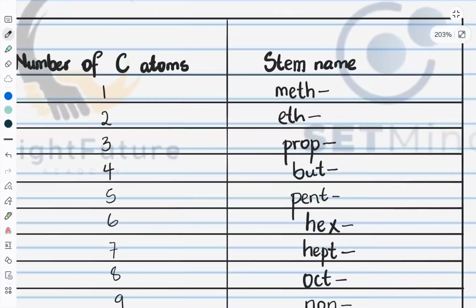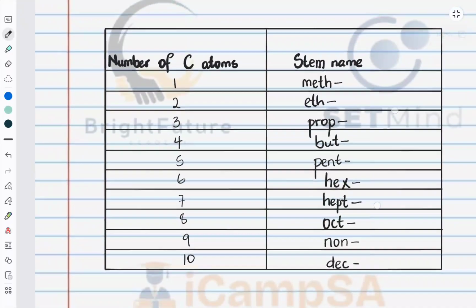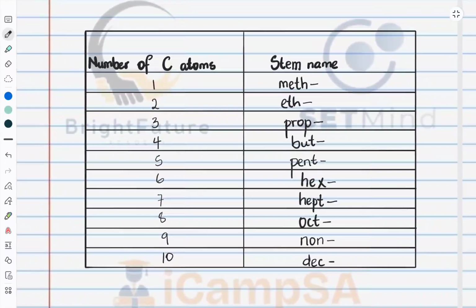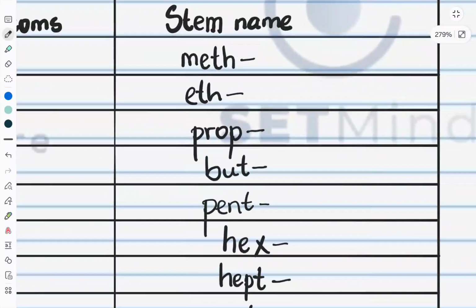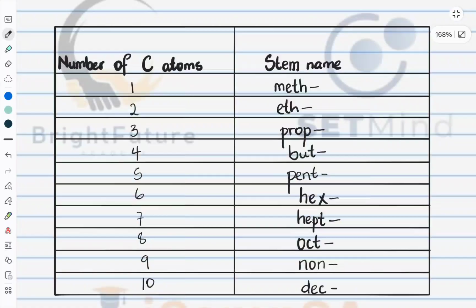But here it's only the prefix, and then depending on the homologous series, we can add a suffix to make up the full IUPAC name or the full name of the parent chain. Remember, this table is applicable to pretty much all the organic compounds that we've seen so far, and we're still going to do, right? What then changes is the last part, or the suffix, right? So in this case, our homologous series is the carboxylic acids, right?